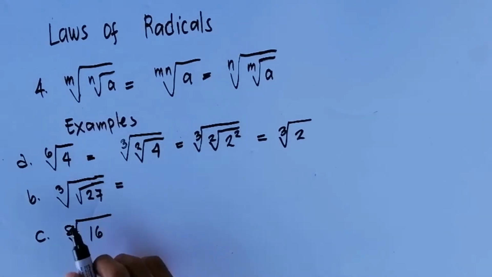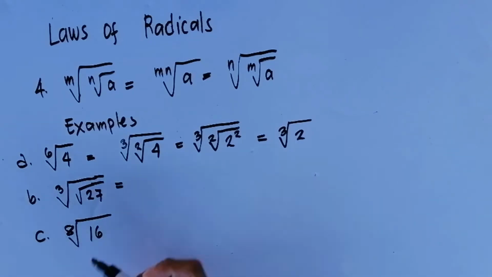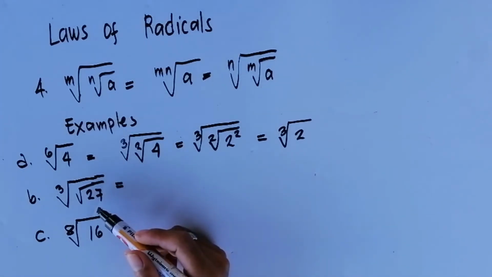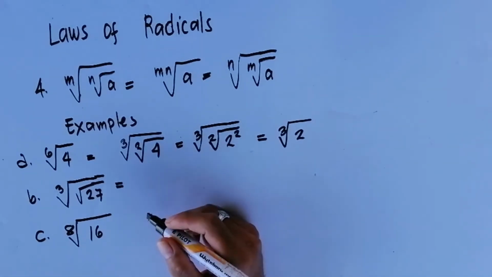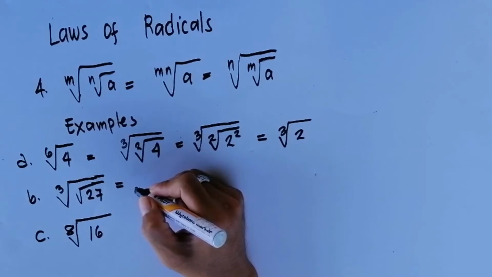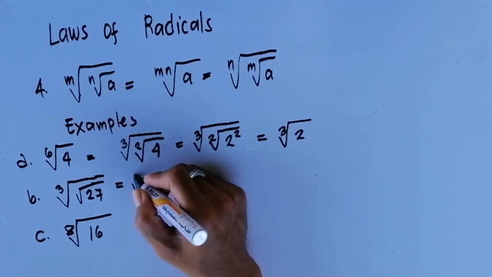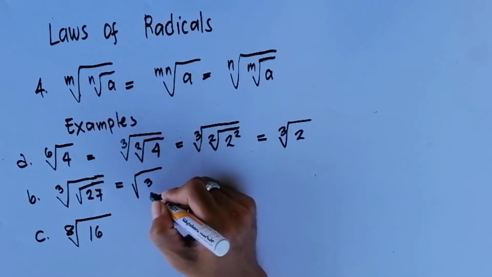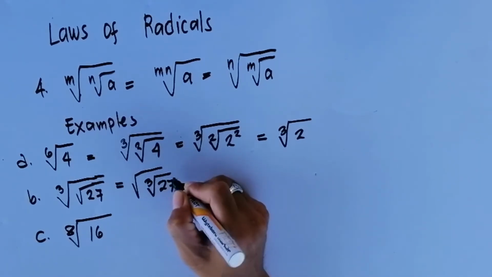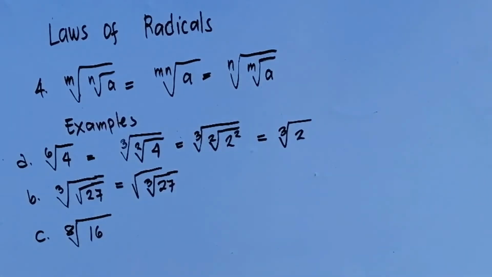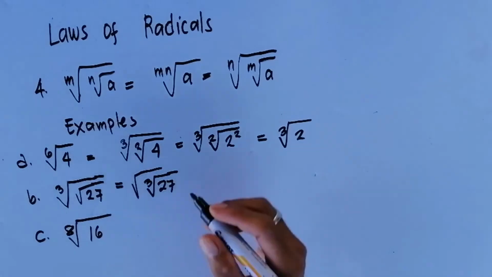Okay, for B, the cube root of the square root of 27. Since 27 is not a perfect square, but a perfect cube number, change this to the square root of the cube root of 27, because the cube root of 27 is equal to 3.